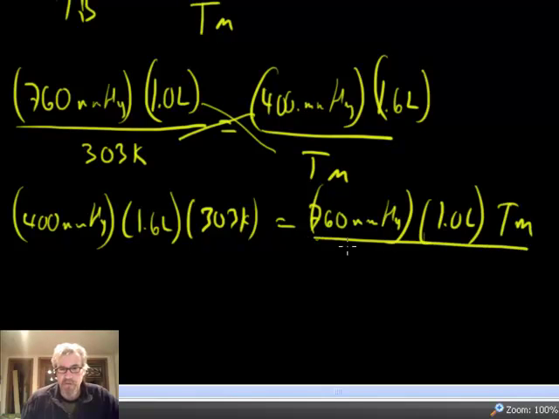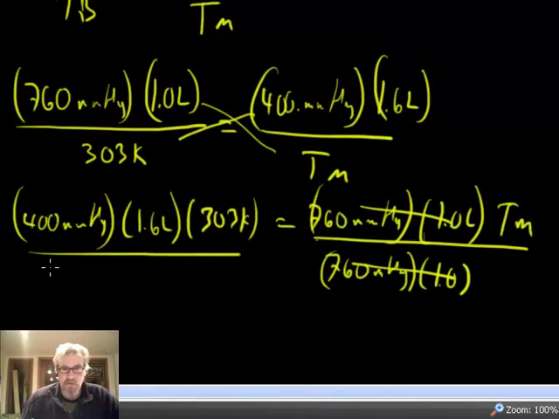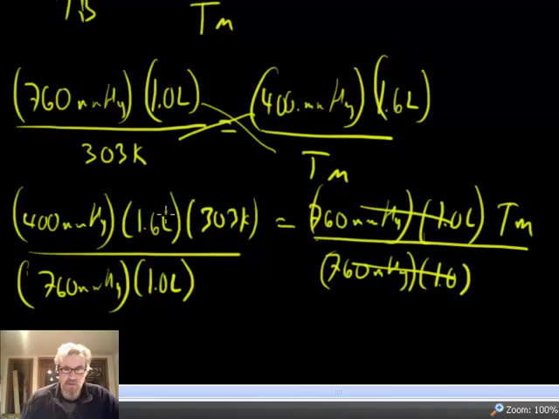So we'll solve by dividing both sides by 760 millimeters of mercury times 1.0 liters, and that'll cancel that out on this side. But over here, the only thing that cancels out is the units, liters and millimeters of mercury, which tells us Tm in kelvins.